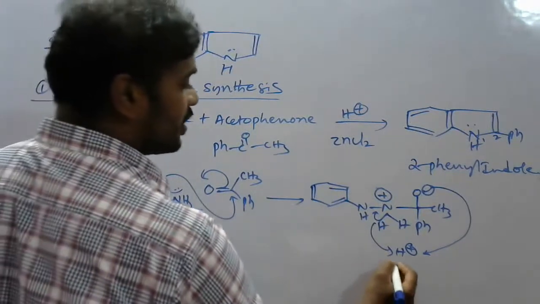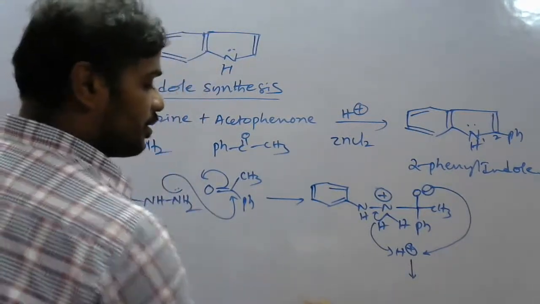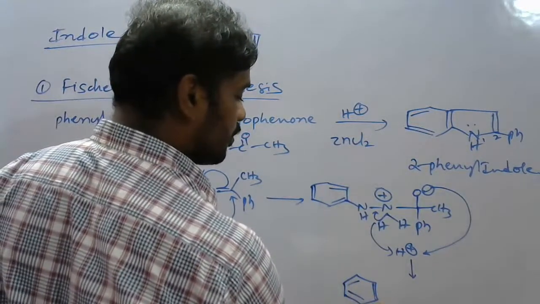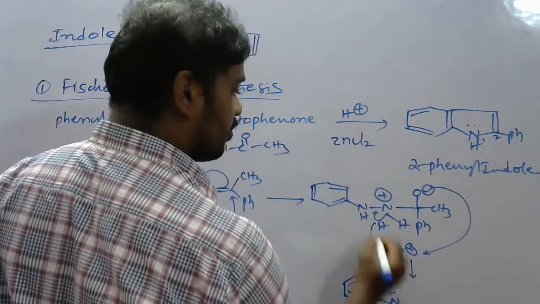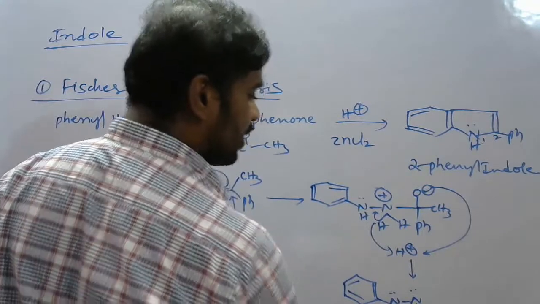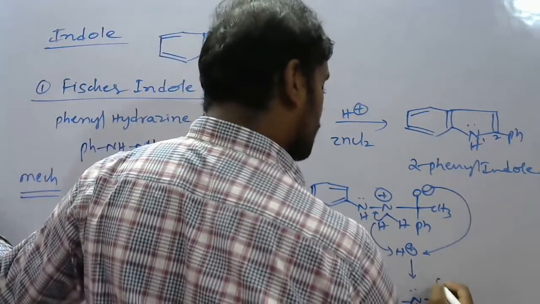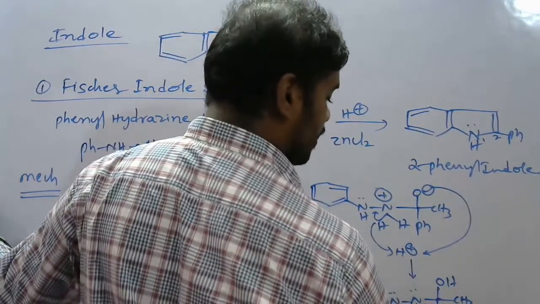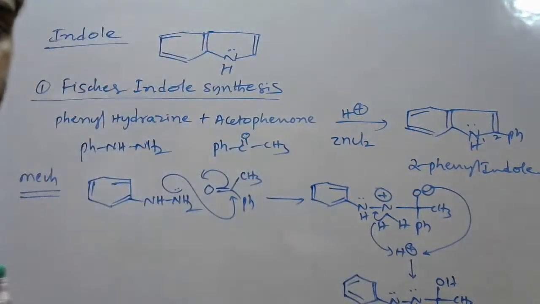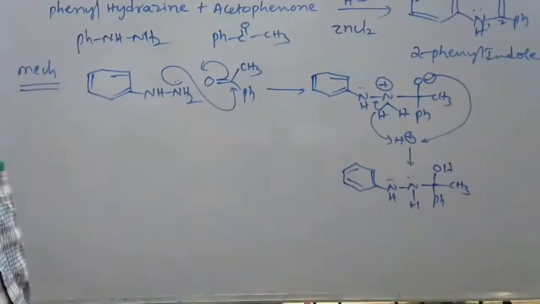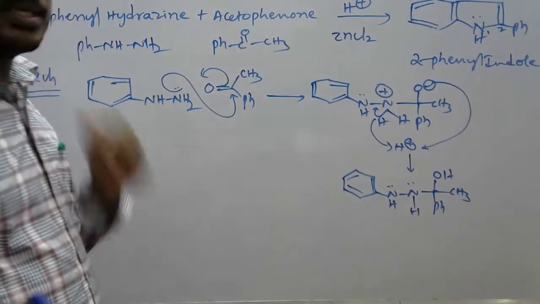Then the nitrogen has its lone pair, with OH, CH3, Ph on carbon.